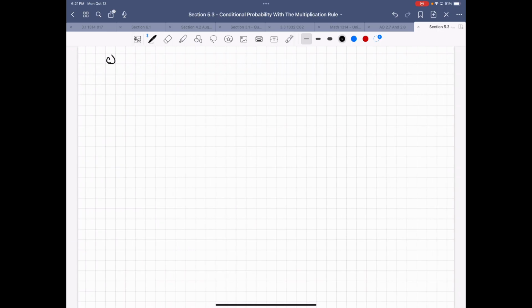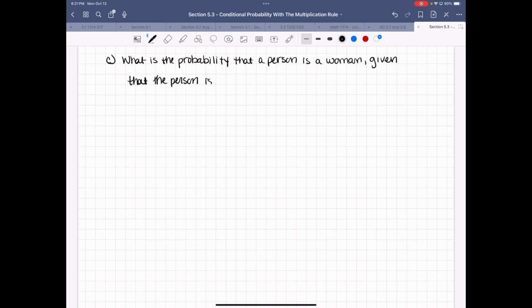C says, what is the probability that a person is a woman given that the person is a high school graduate?